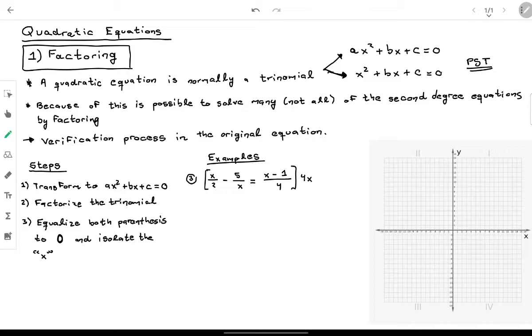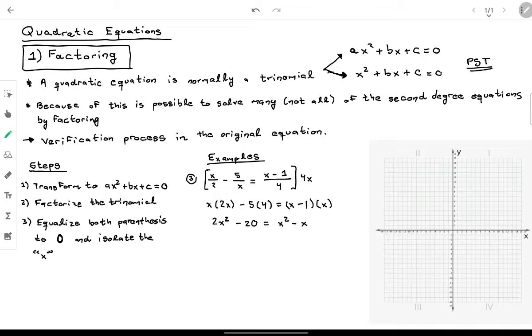So what will happen? Of course, the first one, x, will multiply by 2x because it's the part that is missing on the denominator. The second one will multiply by 4 because it's the part that is missing. And the third one will multiply by x, which is the part that is missing. So it's going to be 2x squared minus 20 equals x squared minus x.